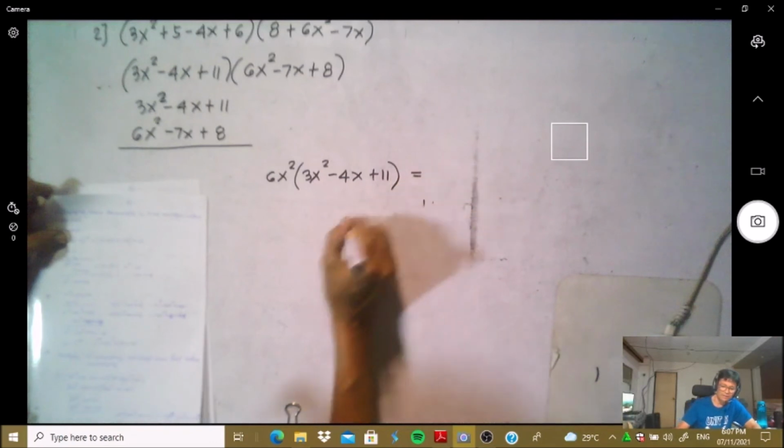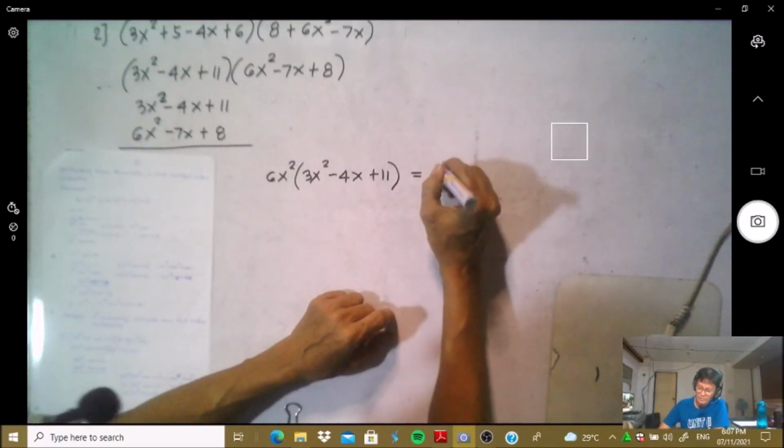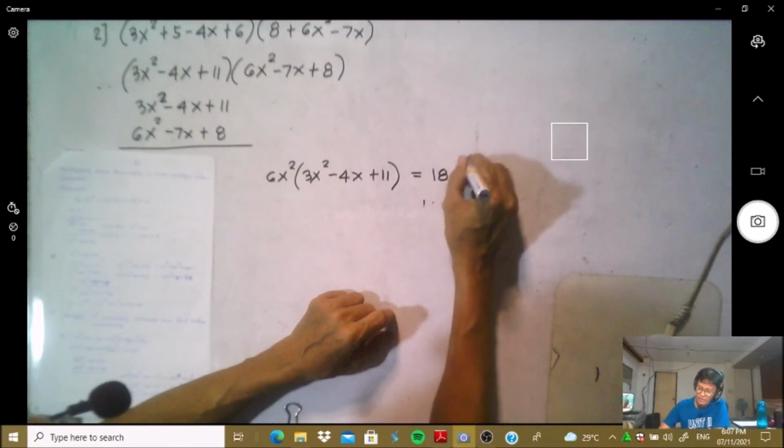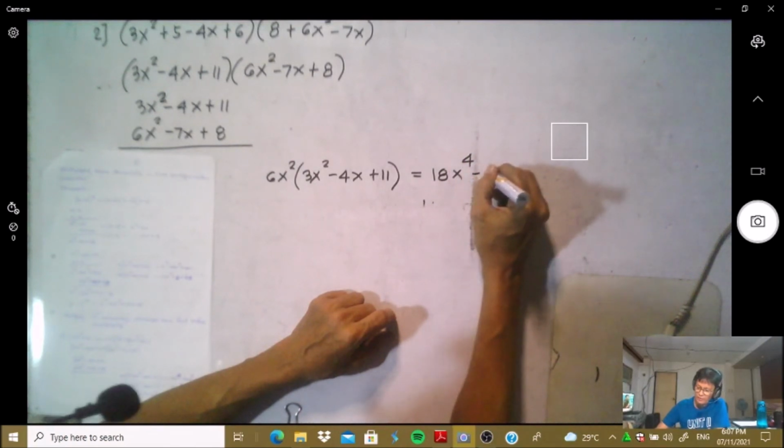Okay, and we have to expand. We have 6 times 3 is 18, 18x to the fourth. Then minus 6 times 4 is 24.